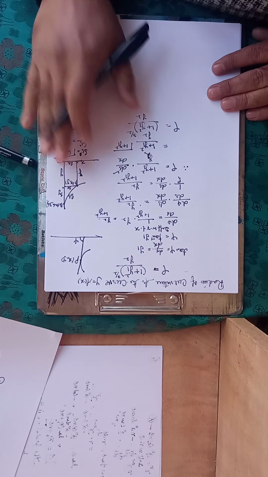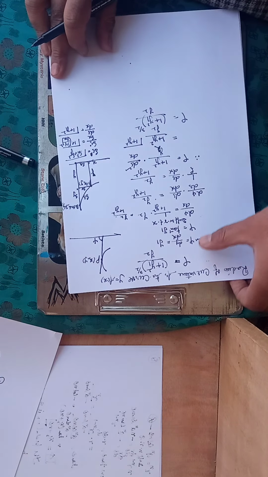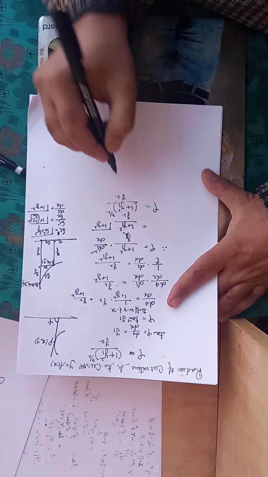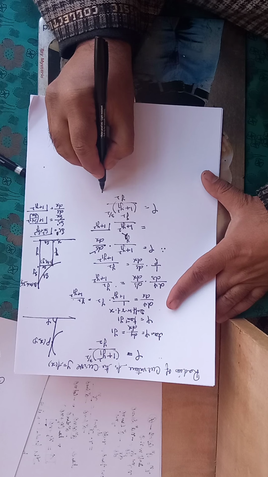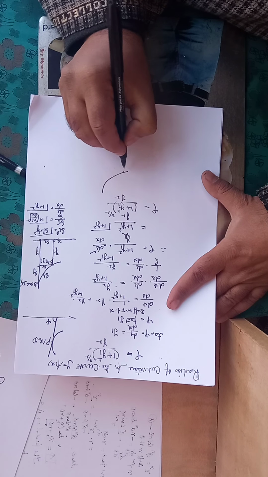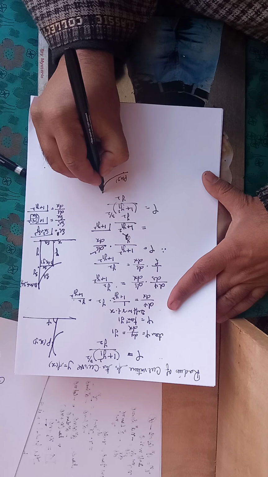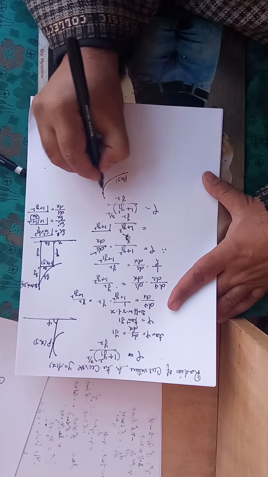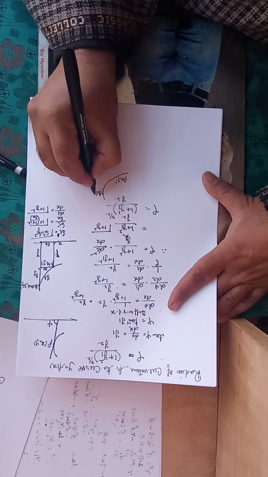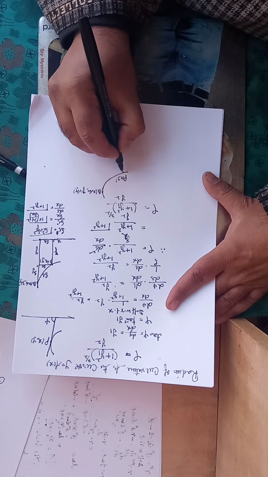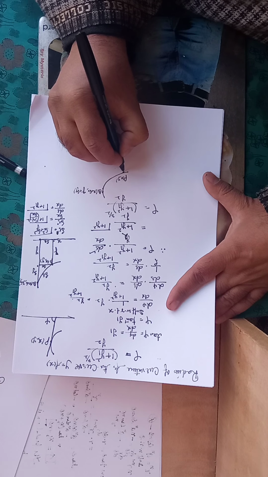Fine. Let me explain this again if you are not able to understand. This is point P(x, y). This is point Q, (x plus delta x, y plus delta y). This is the neighborhood of this point.